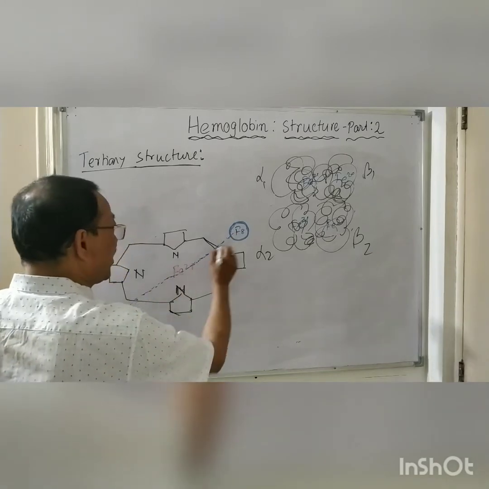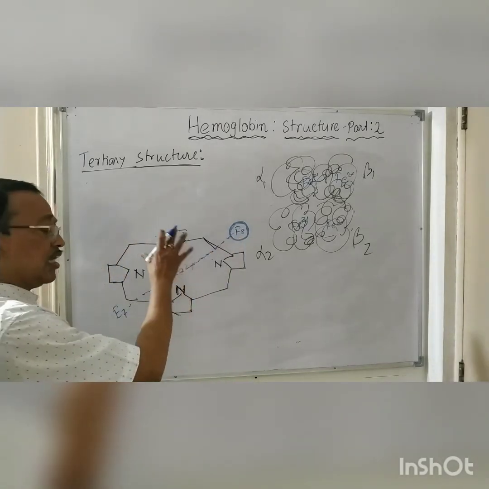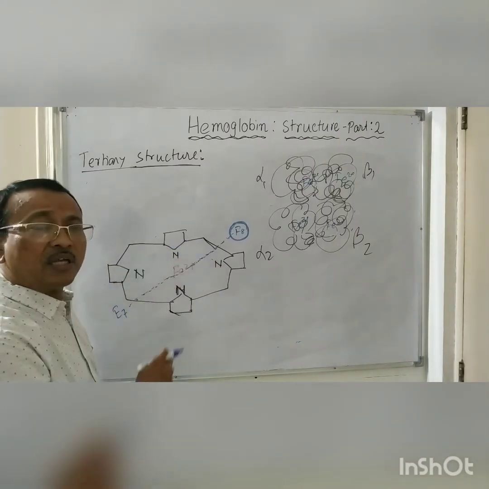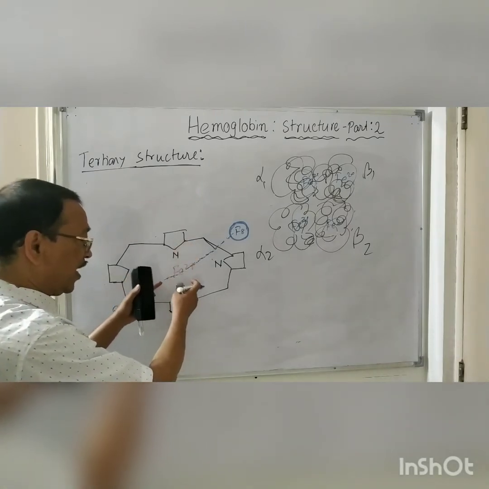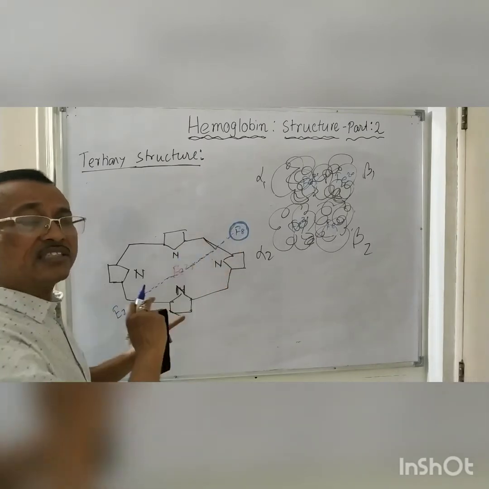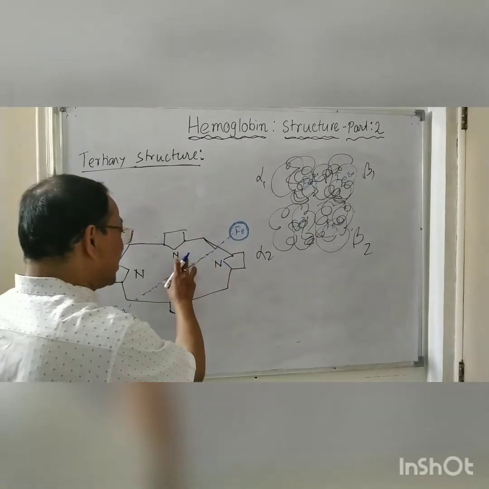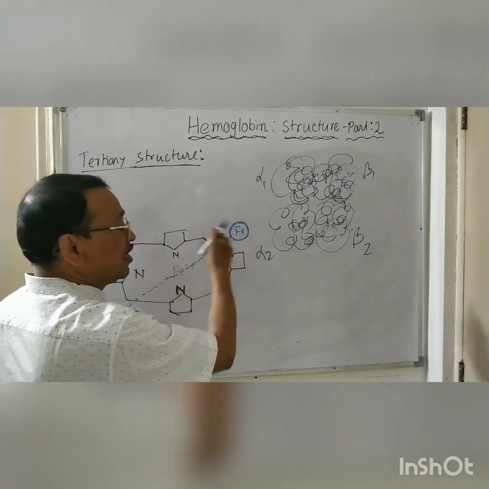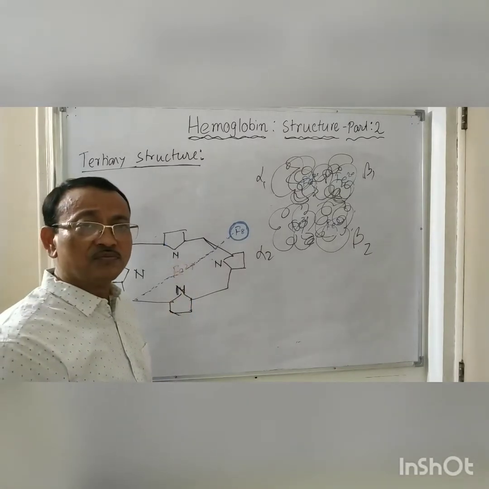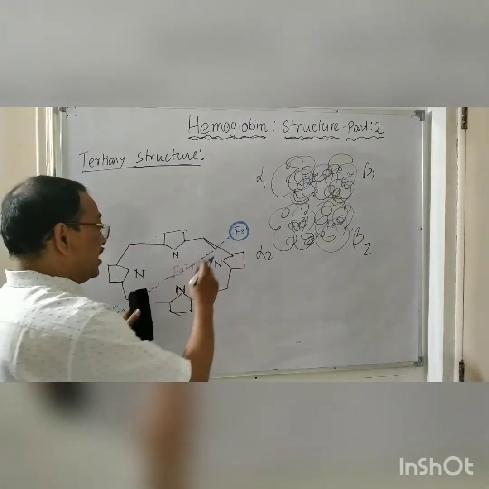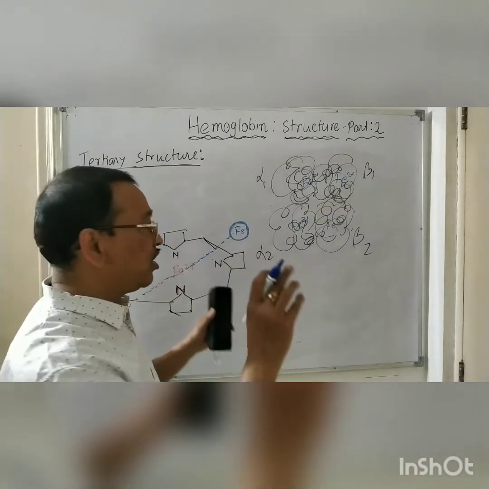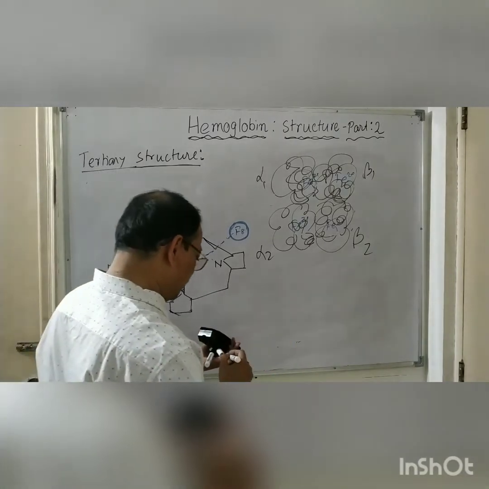The heme molecule is present in a perpendicular way, between the E7 and F8 straight line. Though the ferrous ion is covalently linked with the proximal histidine residue, that is the F8 residue, however this ferrous ion is not exactly on the plane of the heme ring.